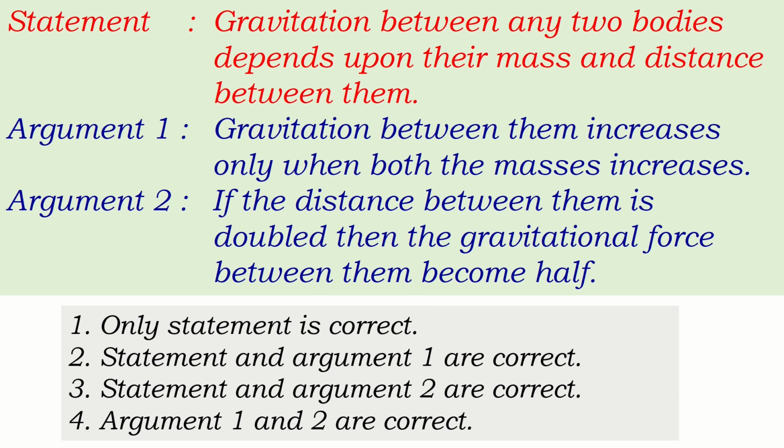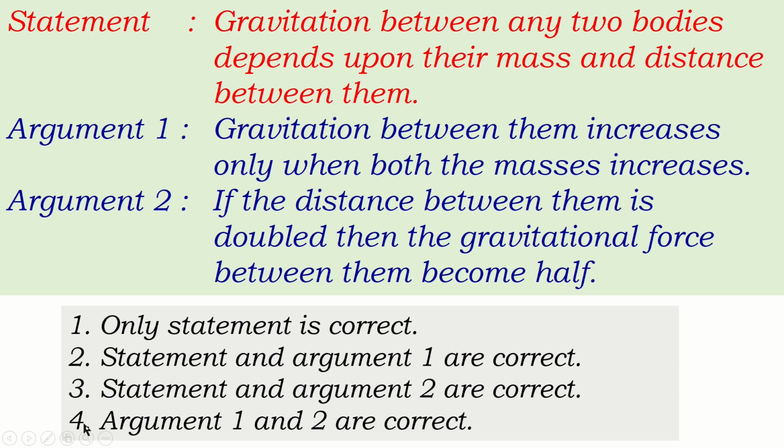The gravitational force will become one quarter. If gravitational force was just inversely proportional to the distance, then this argument would be correct. But in the law, what is told? Gravitational force between two bodies is inversely proportional to not the distance, but the square of the distance between their centers. That's why gravitational force decreases by 4 times. So option number 3 is also incorrect.